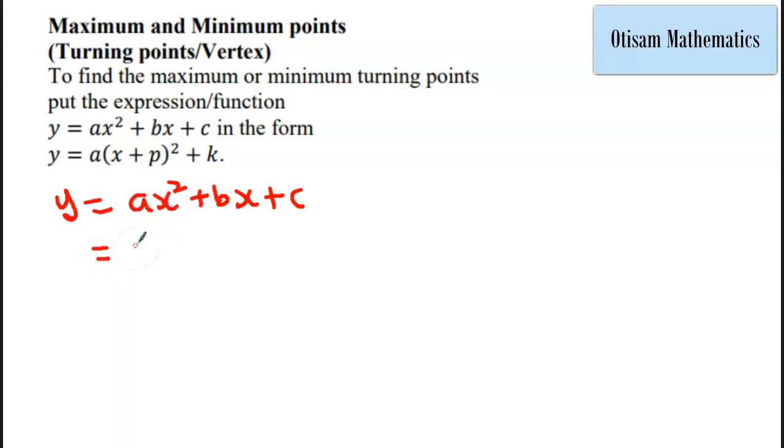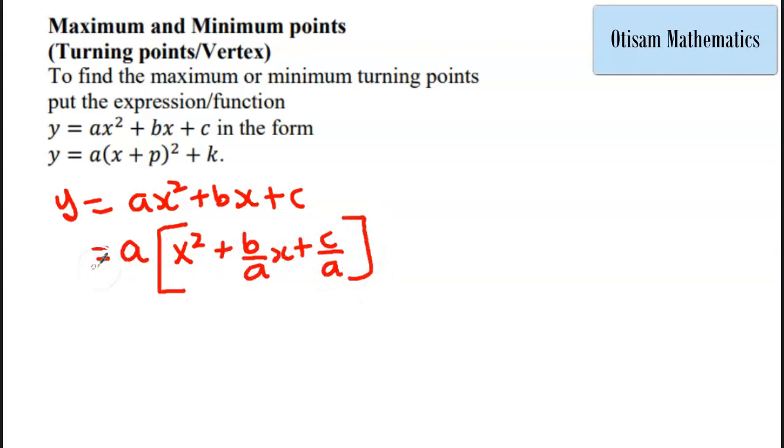So we bring a out. As soon as you bring it out, you divide the rest by a. So you have x squared plus b on a x plus c on a. We have not changed anything. When you multiply through, you still get the same thing.